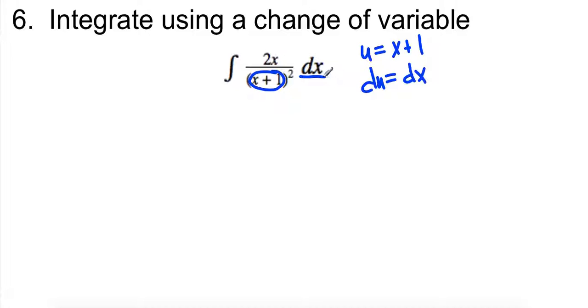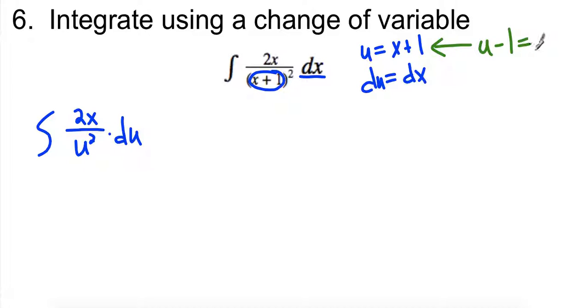We're able to replace this, but notice we still have an x in the problem. Let me write down what we have. Right now we have 2x over u squared times du. And we've got x's and u's in the problem, which is not going to help. So what we're going to do is say that u minus 1 equals x, and we'll plug that in.